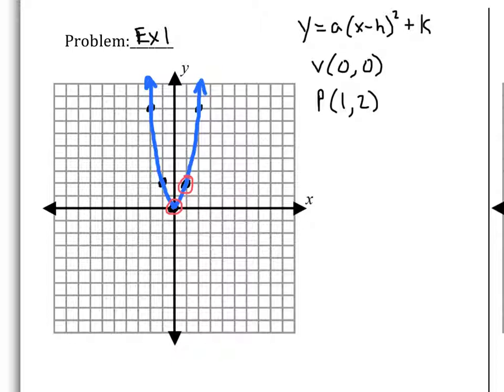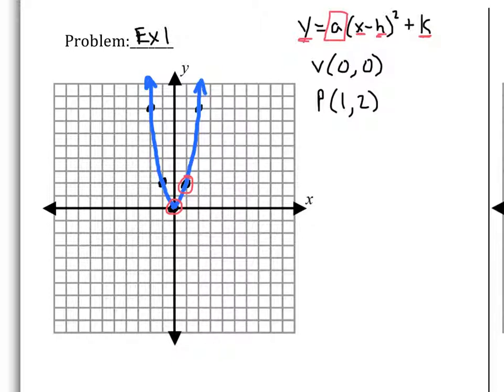Well, what we've done then is we have found h and k, and the point gives us an x and a y. So we have found a value for everything in that equation except a, which is what we need to find. That's the missing piece to be able to write the equation here. So we can plug in everything we know and solve for a using algebra.